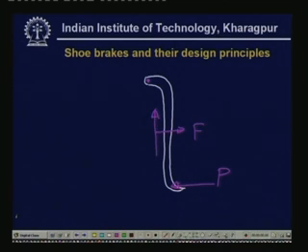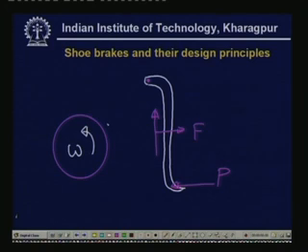is now rotating in the clockwise direction, let us say omega, and therefore this friction force on this shoe, or let me not take this drum along this, so let us take the drum instead rotating along these directions.